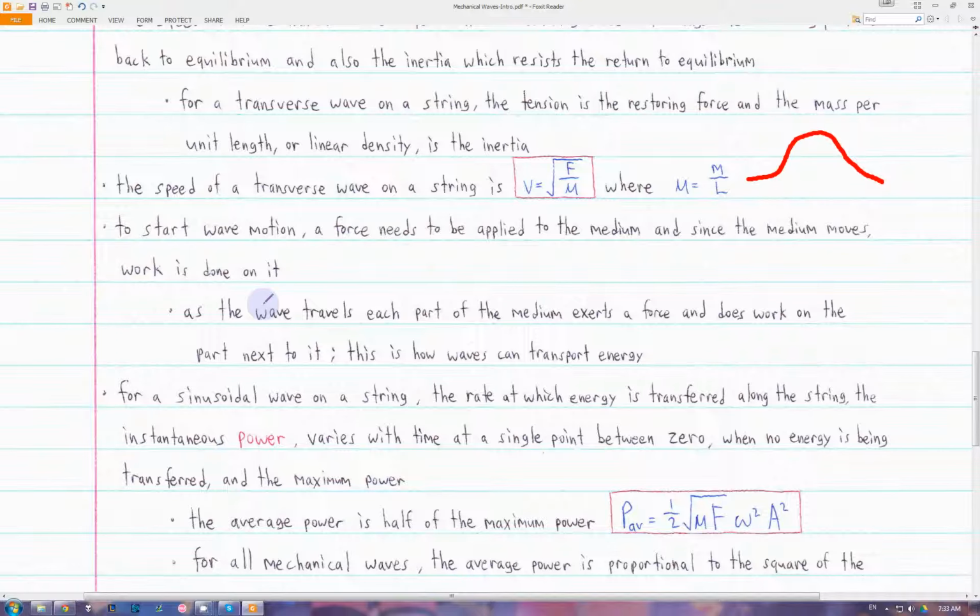As the wave travels along, each part of the medium exerts a force and therefore does work on the part of the medium next to it. In this way, the wave can transport energy from one region to another.